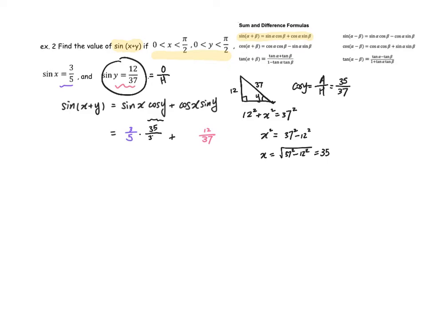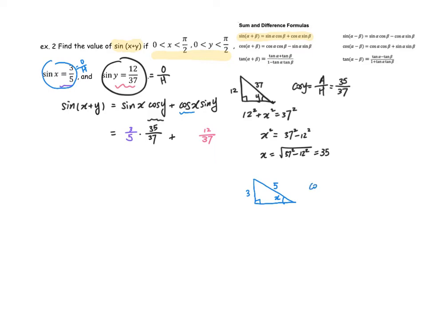Okay, we can use the same method to find cosine x. Given sine x is 3 over 5, we draw a right triangle. Now we're going to make the lower right angle as x. Sine x, which is 3 over 5, so we have an opposite over hypotenuse, which is 3 and 5 here.